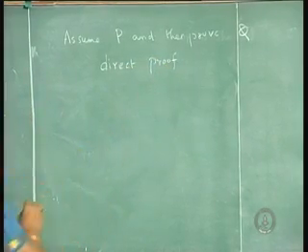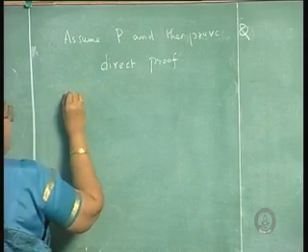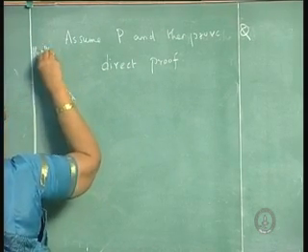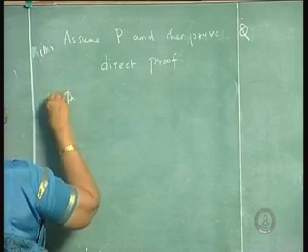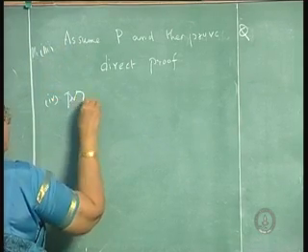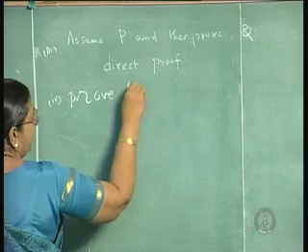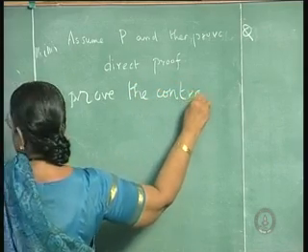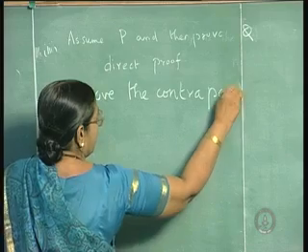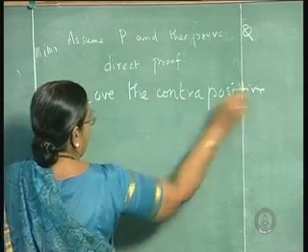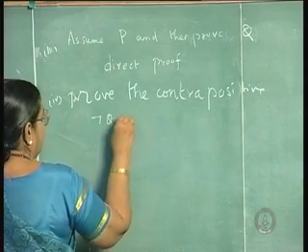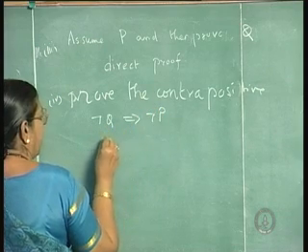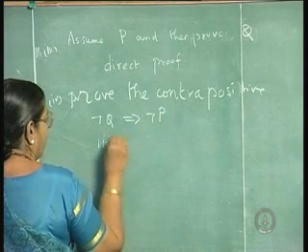And sometimes you will prove the contrapositive, this is the fourth one: not Q implies not P, and this is called an indirect proof.